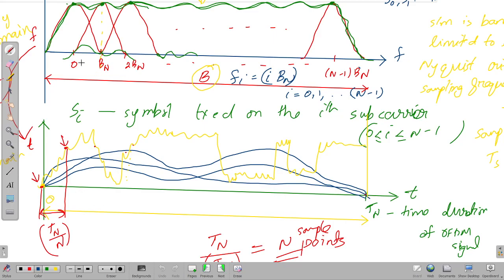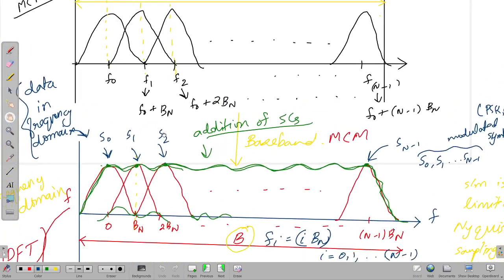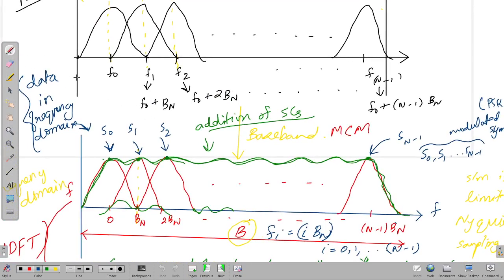You can see in the diagram, 0 to Bn, it is baseband OFDM. You actually down converted this OFDM to baseband OFDM, so you want to convert it back to high frequency OFDM. So you want to do a frequency translation.